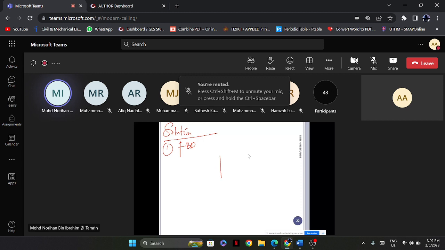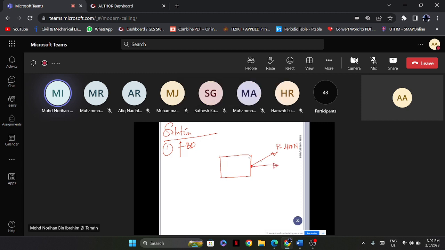So we have a crate which is located on the surface. So we have this external force of P, which is equal to 400 Newton, and the angle between this is equal to 30 degrees. And we have this kind of situations.